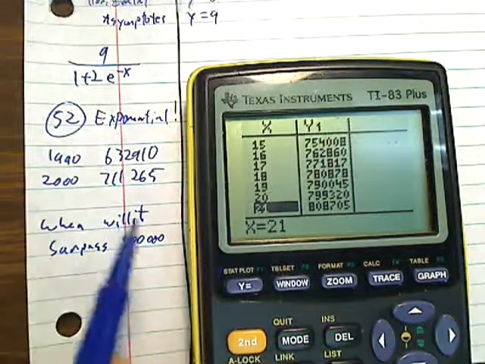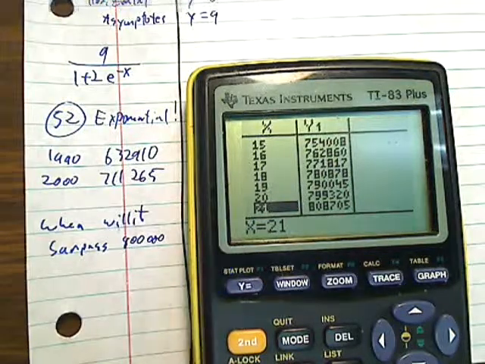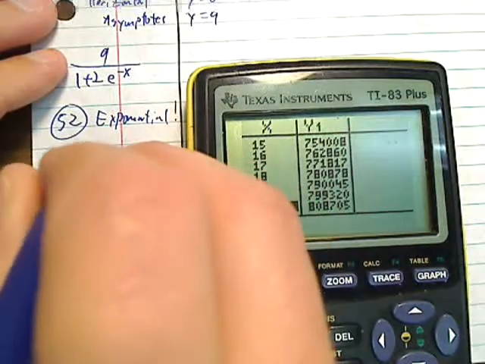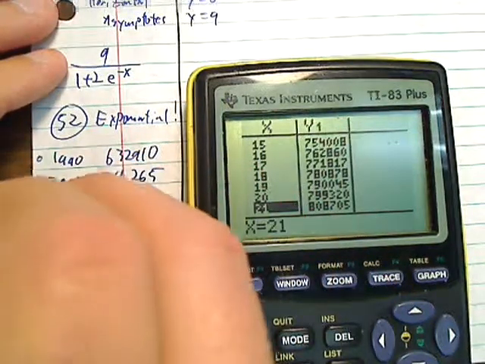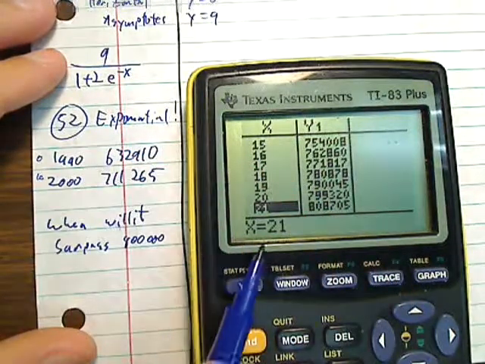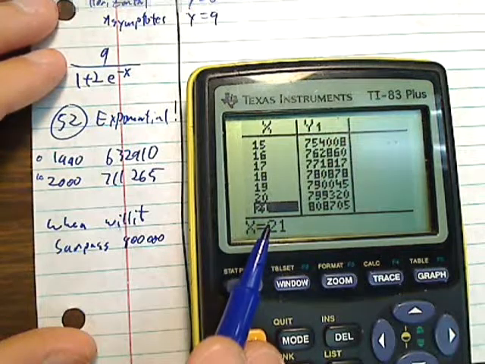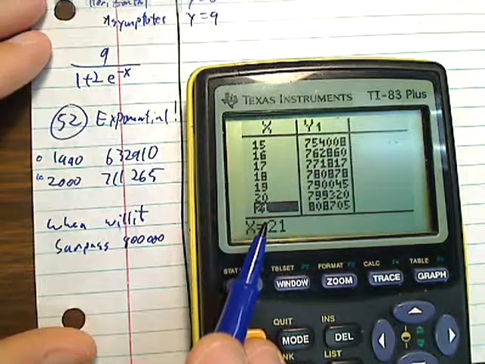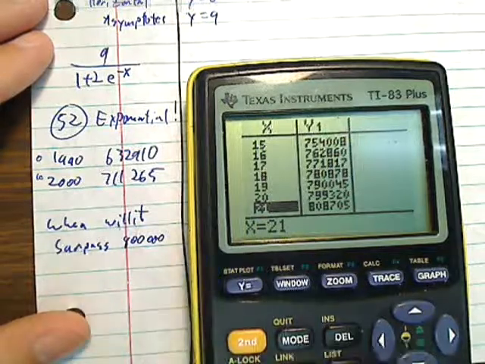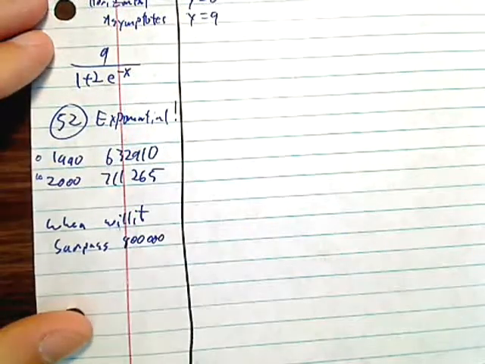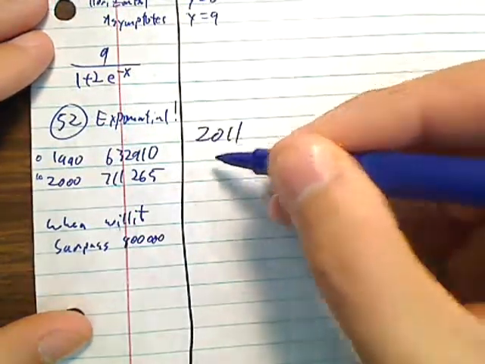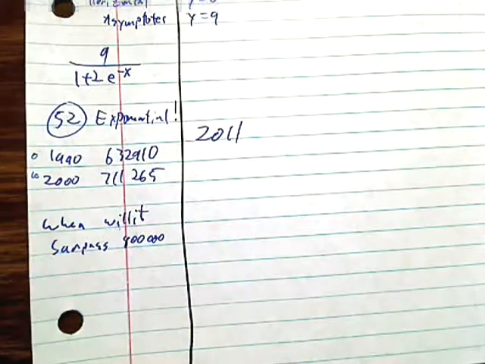Oh, there it is. When x equals 21. So this was x equals 0, x equals 10. At x equals 21, that will be 2011. So it should have just passed in real life if this model holds. So there's number 52.